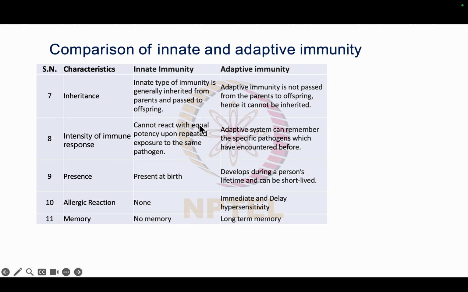Innate cannot react with equal potency upon repeated exposure to the same pathogen. The adaptive system can remember the specific pathogen which it has encountered before. Innate is present at birth, adaptive develops during a person's lifetime and can be short-lived. Innate: none, adaptive: immediate and delayed hypersensitivity. Innate has no memory cells associated with it, but adaptive immunity has long-term memory.